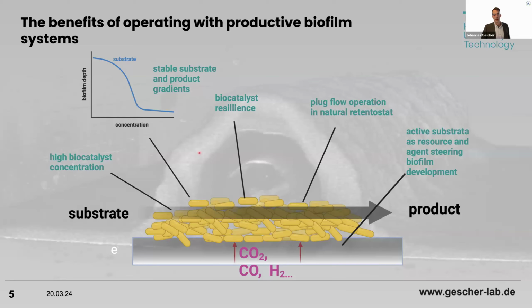Also, if we operate the process as plug flow, then there will be a stable gradient of substrate along the biofilm depth. So this typically up to 400 or 500 micrometer thick biofilm that will build on the surface, the cells in the different layers will always see one particular substrate concentration and one product concentration.